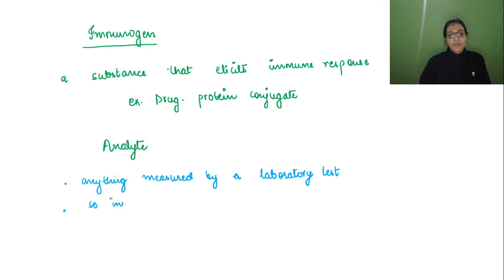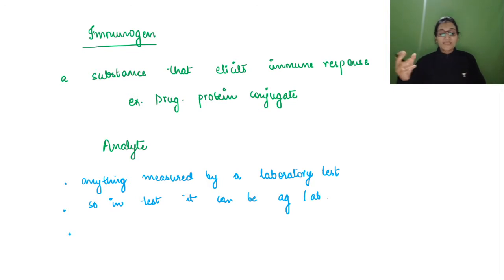So in a test, it can be antigen or antibody. Immunoassays utilize one or more selected antibodies to detect the analyte of interest, right? So it can use one or two antibodies.